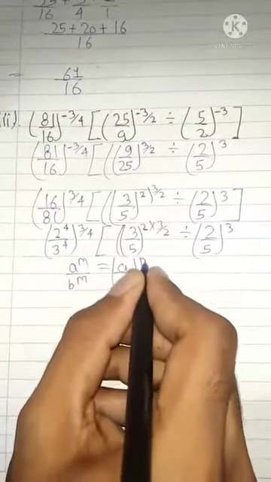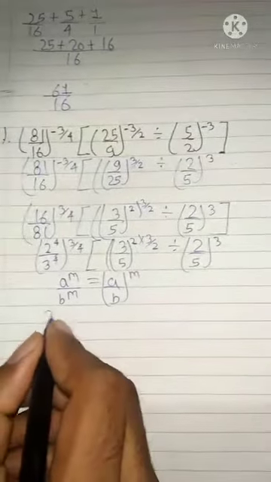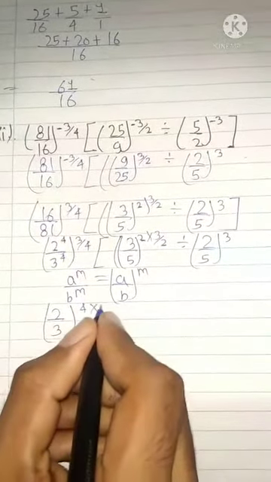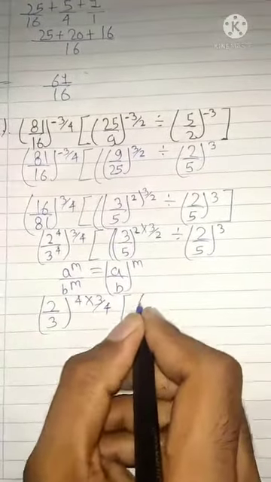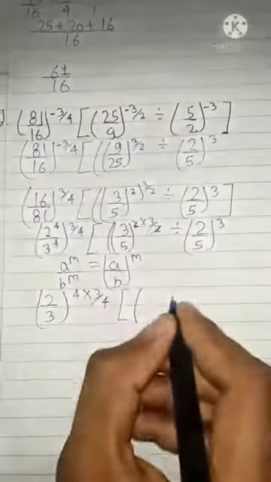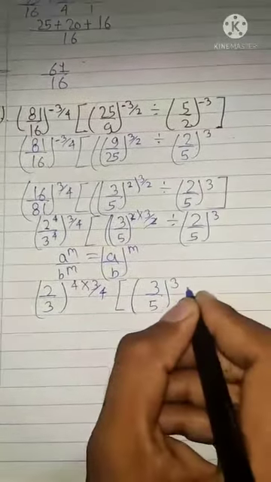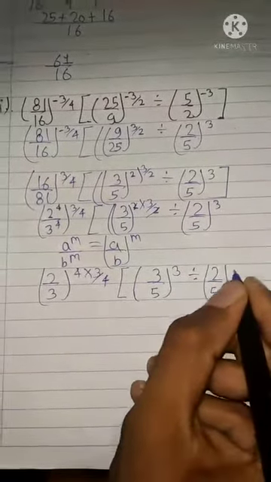So I can write directly (2 upon 3) whole to the power 4 into 3 by 4 bracket, and when you simplify, this cuts and this becomes (3 upon 5) to the power 3 divided by (2 upon 5) to the power 3.